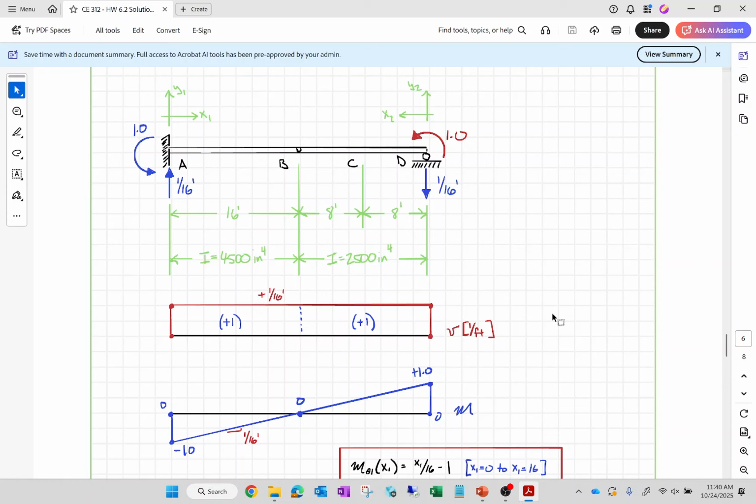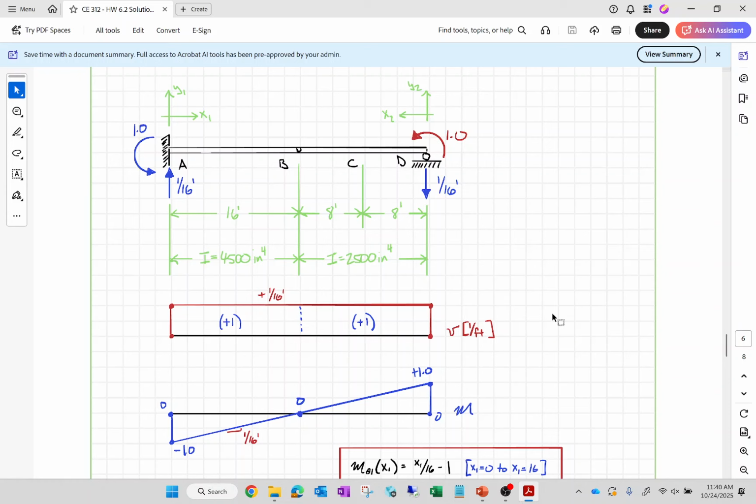See, again, with this structure, the big logical fallacy with a problem like this is if this is your problem and you have a moment like this, this is all I'm giving you.